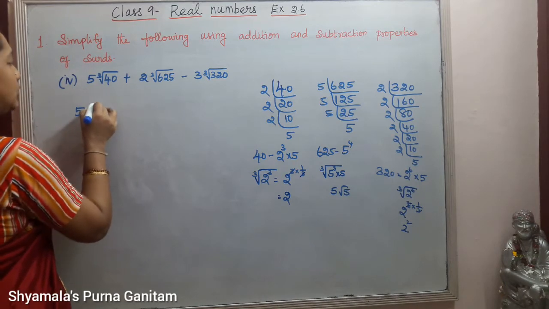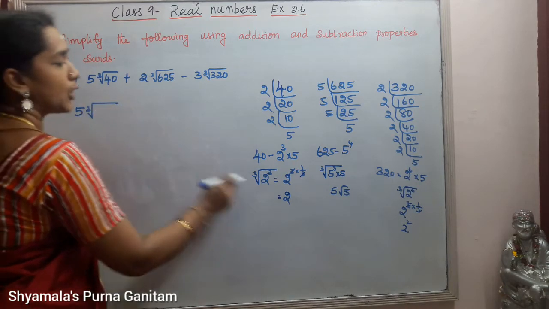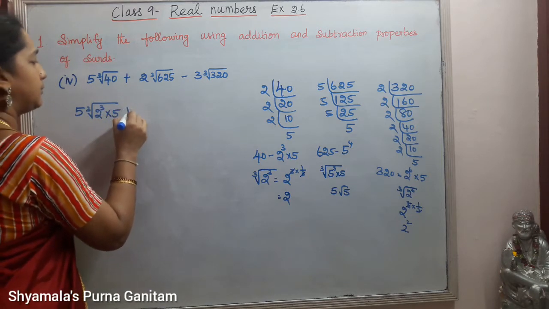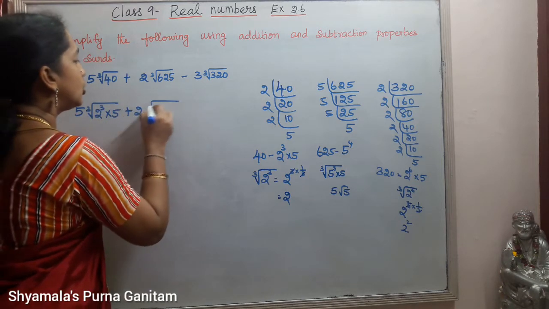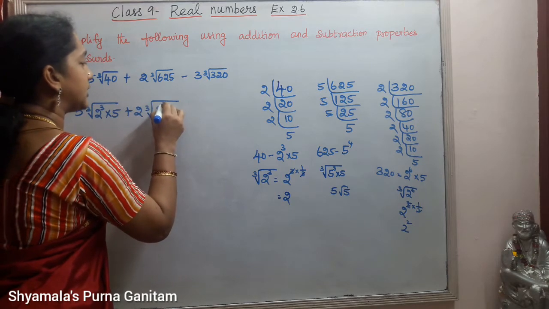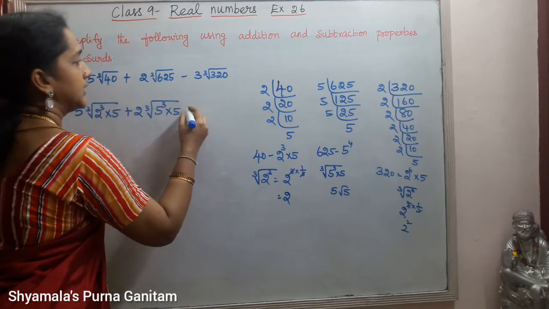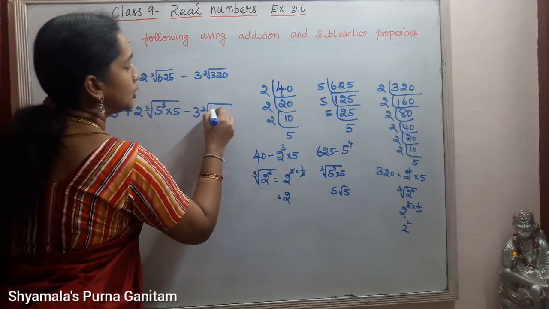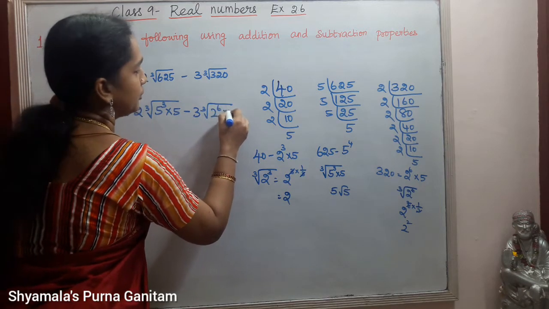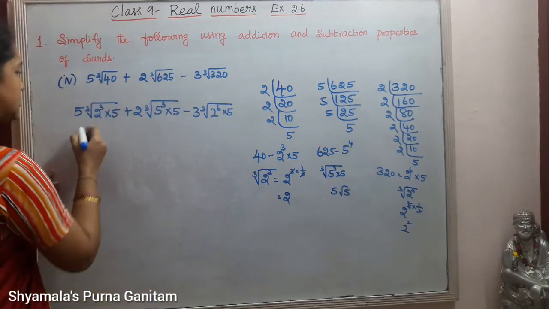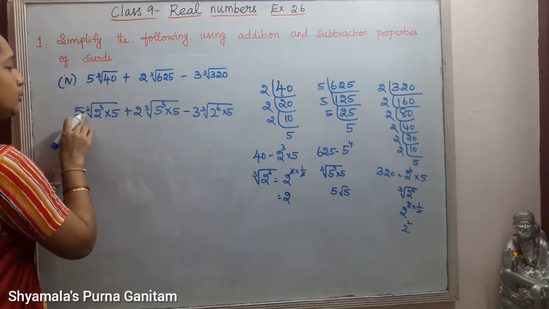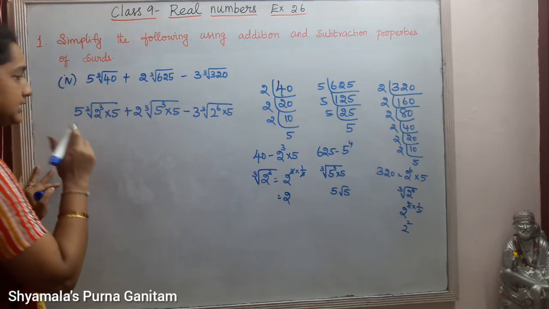So 5 into cube root of 40 is 2 power 3 into 5, plus 2 into cube root of 5 power 3 into 5, minus 3 into cube root of 2 power 6 into 5. Okay. So when we are simplifying, cube root of 2 power 3 we will get as 2.